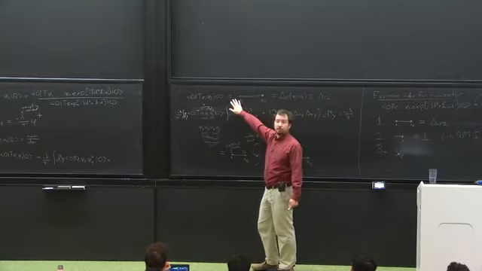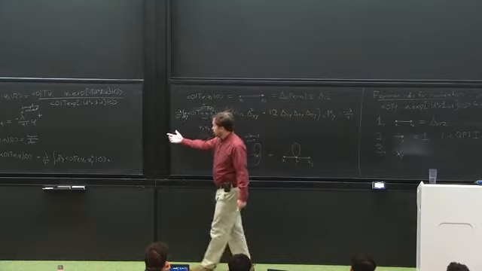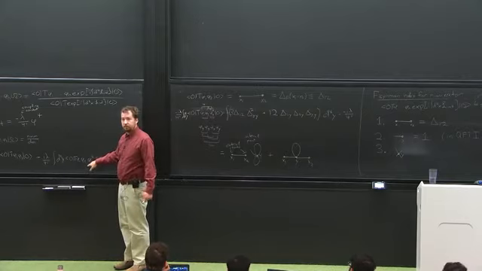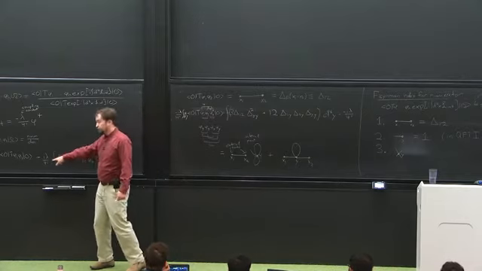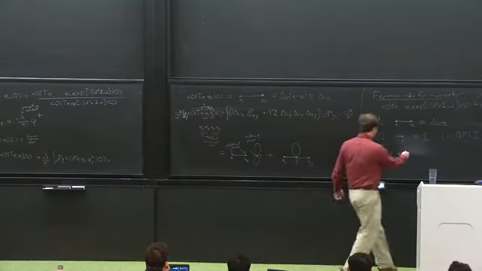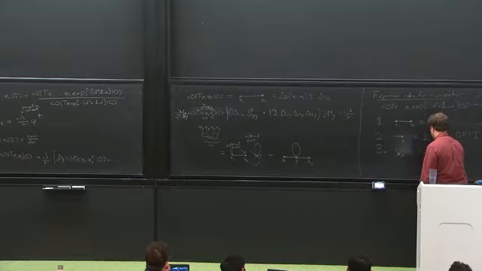This diagram has no such vertices and no factors. The vertices, you can think of them as these operators, always come with factors of lambda and integrals. So that should be reflected in our Feynman rules. And so for this vertex, we're going to associate a factor of minus i lambda integral d4y.